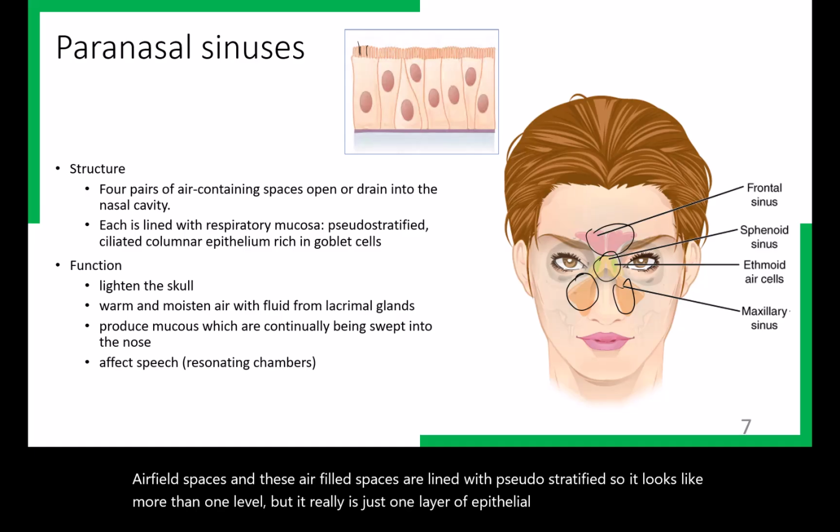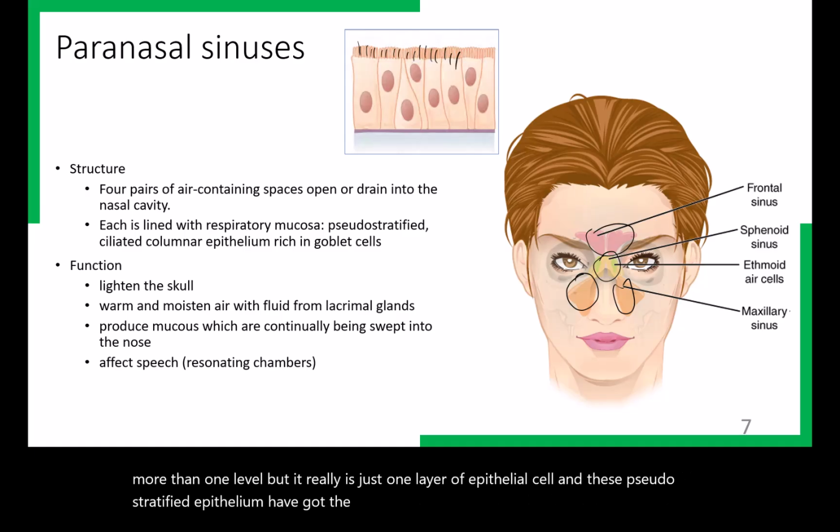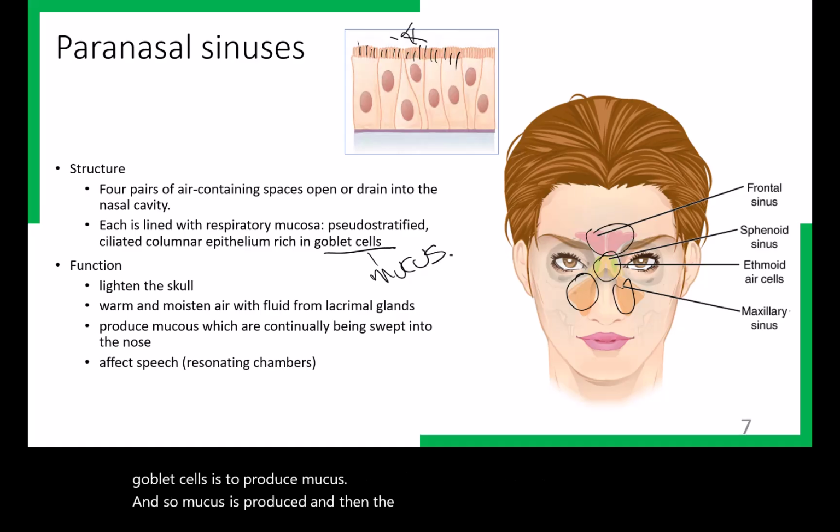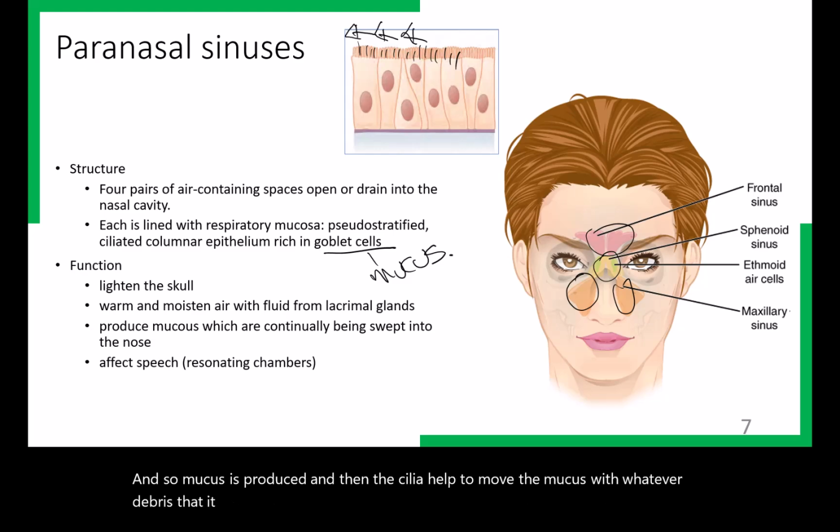And these pseudostratified epithelium have got the cilia, and it's also rich with goblet cells. So the function of goblet cells is to produce mucus, and then the cilia help to move the mucus with whatever debris it traps away from the sinuses, for it to leave into the external environment.